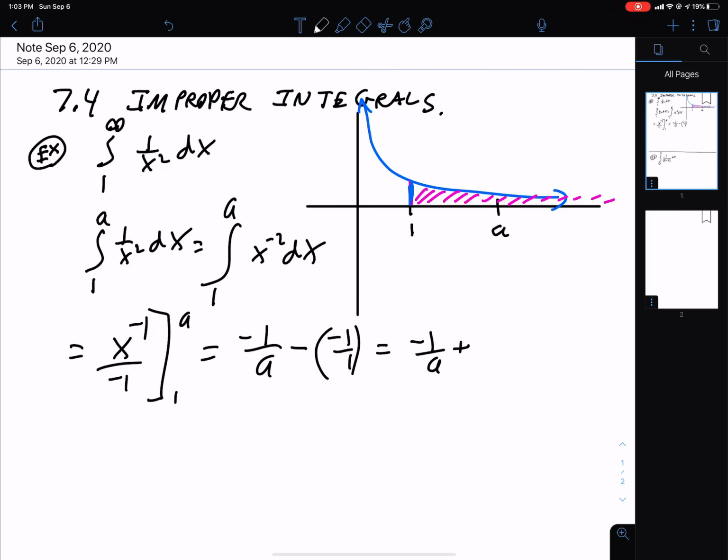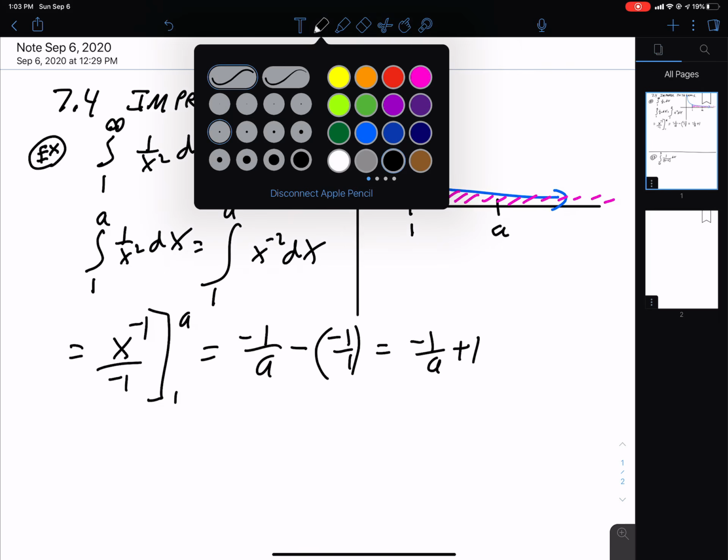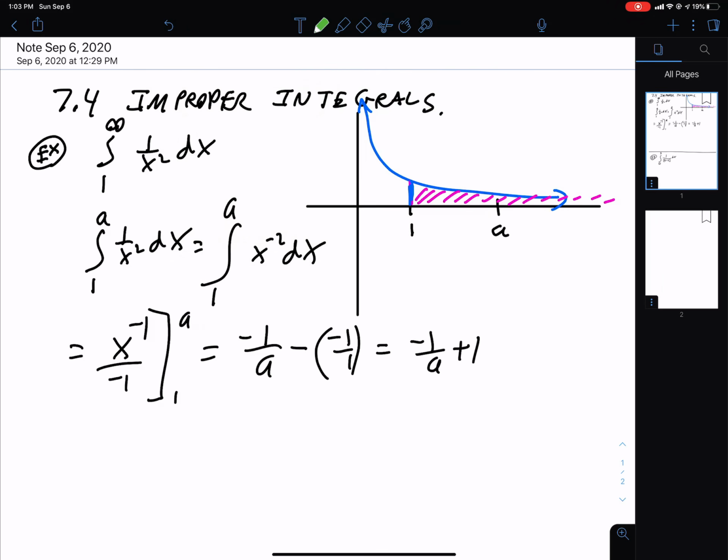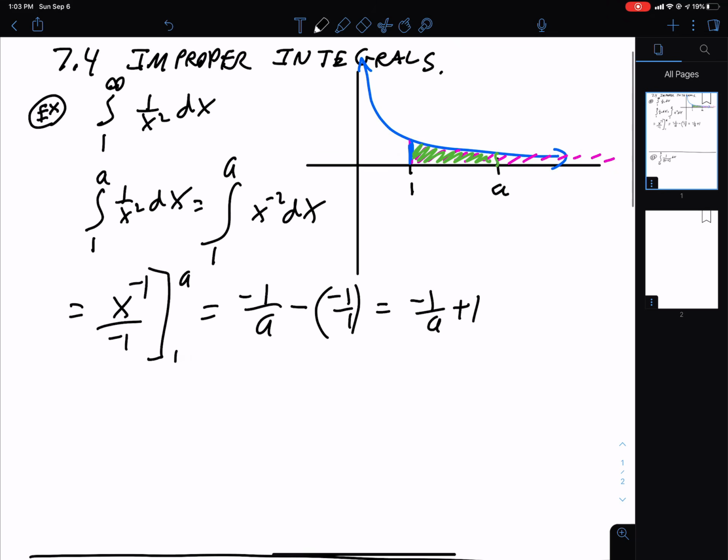Okay, so what do we have? Negative 1 over A plus 1. Well, that, as I said earlier, is going to be the green region. Then we say, hey, what happens if we take A and let it slide out to the right? Well, how do you do that? With a limit.